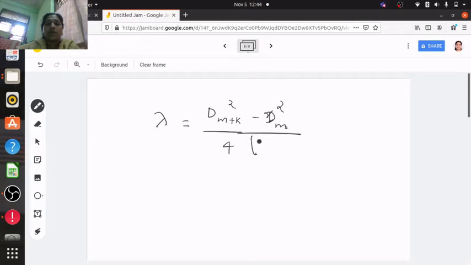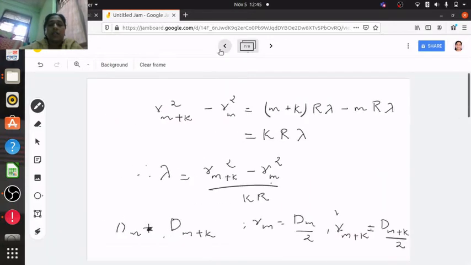Taking 4 common, the equation becomes lambda equals D_{m+k} squared minus D_m squared by 4 k r. So this will be the expression for lambda, or the wavelength of light used.